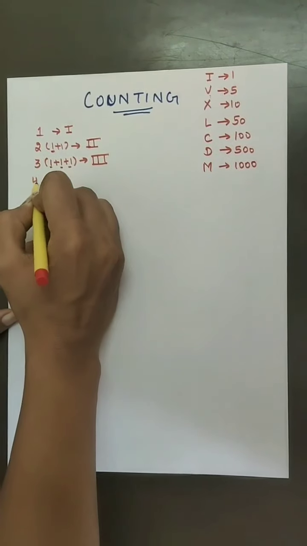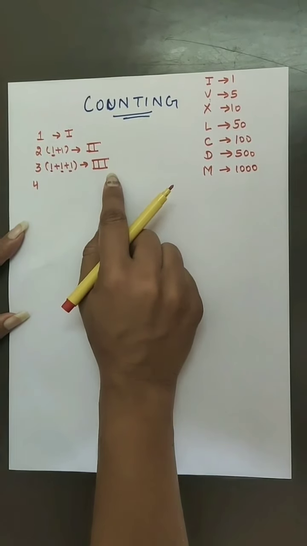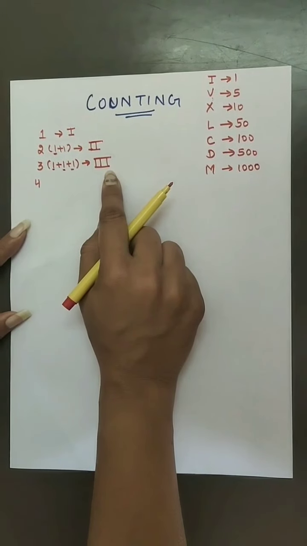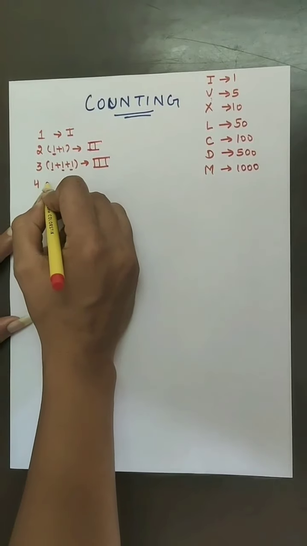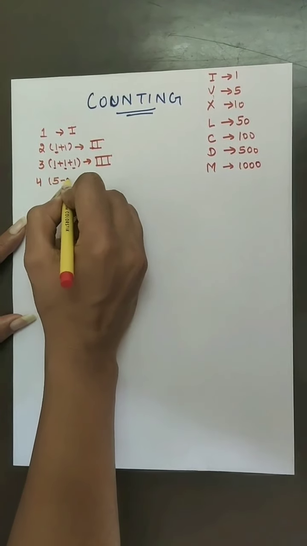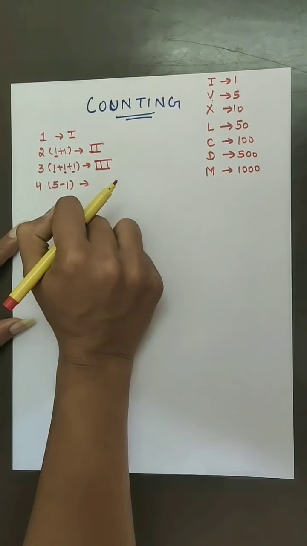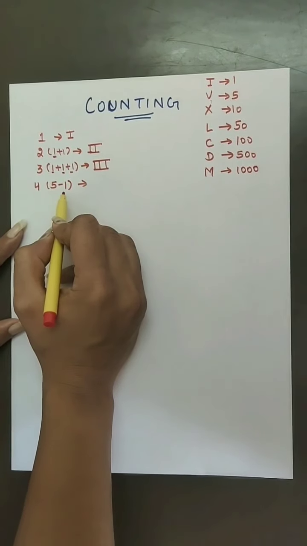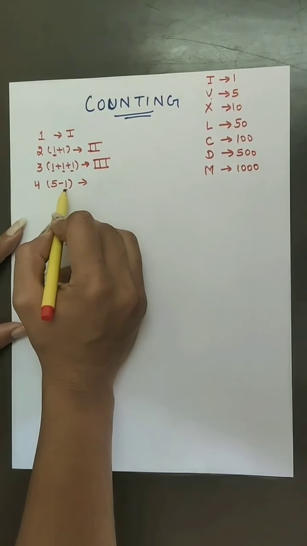Now 4. You know that we can't repeat a symbol more than 3 times. 3 times maximum it can be repeated, so for 4 what are we going to do? 4 can be written as 5 minus 1. Now here what is subtraction? For subtraction, we write the symbol of the smaller value first, and the symbol of the larger value after. Means we will write the symbol of 1 first.